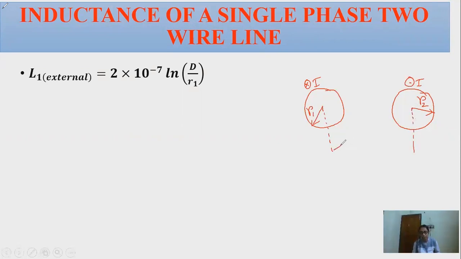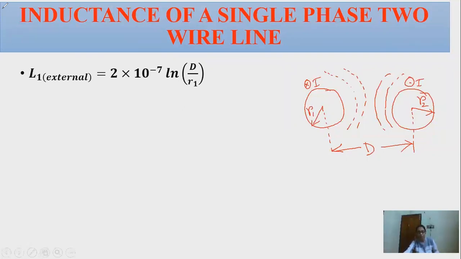The distance between the centers of two conductors is denoted by, suppose, capital D. There are internal fluxes also for both the conductors as well as the external fluxes also. So for the conductor 1, first one we are considering here the conductor 1, L1 external equals 2 into 10 to the power minus 7 ln D by R1.